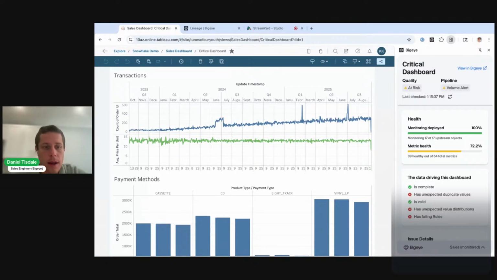So we're doing great from that perspective. We have some level of monitoring and coverage on every single column there. And then out of the objects or columns that we're monitoring, we've deployed a total of 54 Bigeye metrics. Now only 39 of those are healthy.